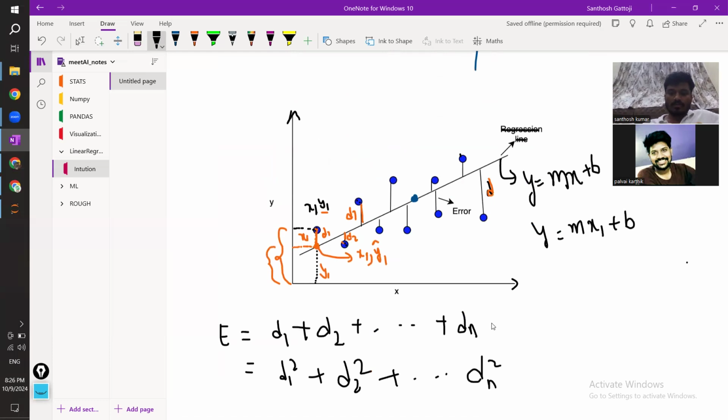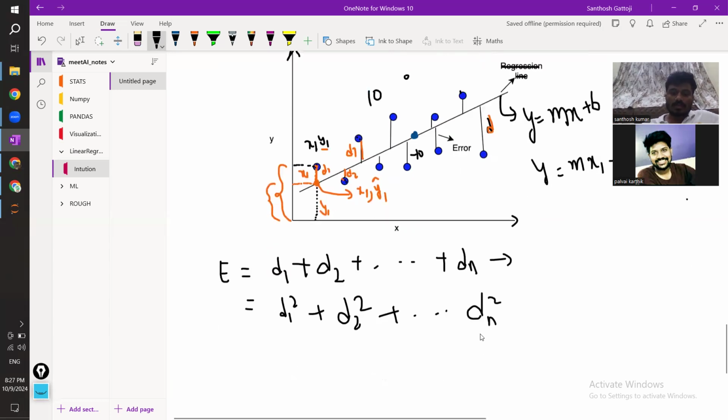If you directly add, let's say this distance is 10, but this one will be minus 10. If you add, it will become 0. That means it is incorrectly saying that there is no error at all. But actually the error is 20, not 0. The reason is the sign. So to deal with that, we are going to use the square.